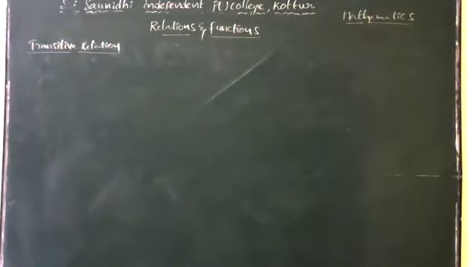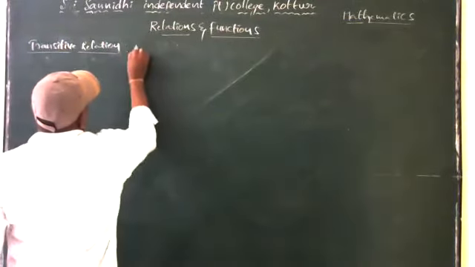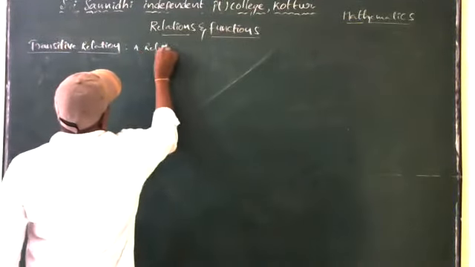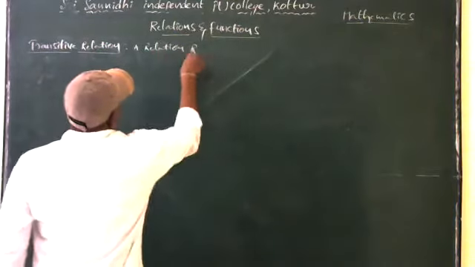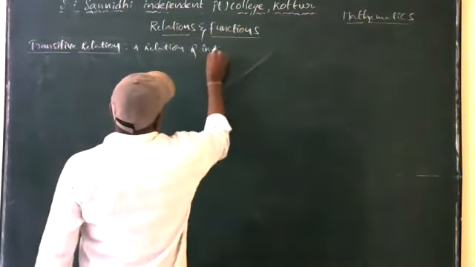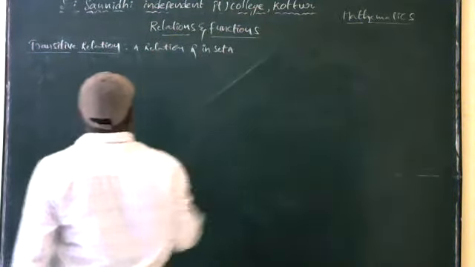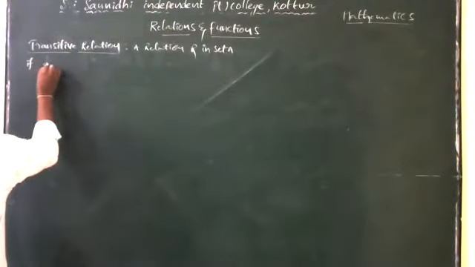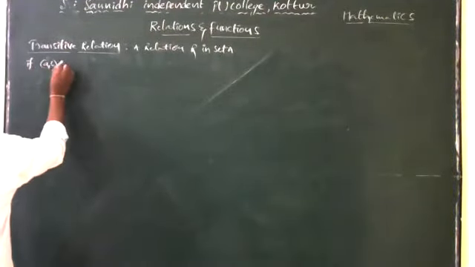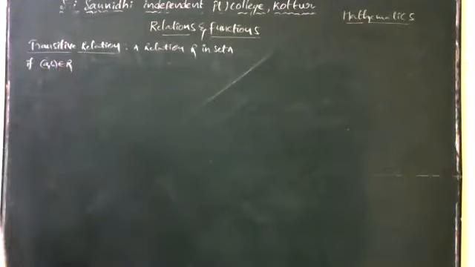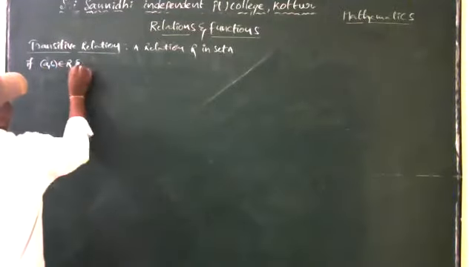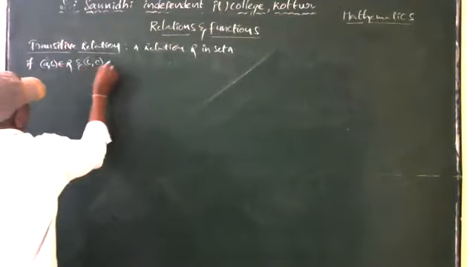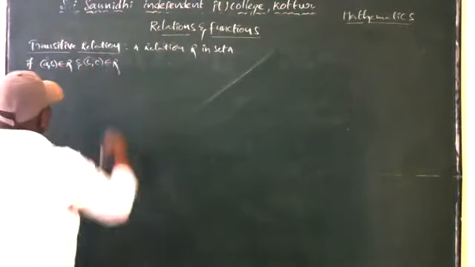Transitive relation, right? Here, a relation capital R in set A: if a comma b belongs to R and b comma c belongs to R, that means this is the condition.